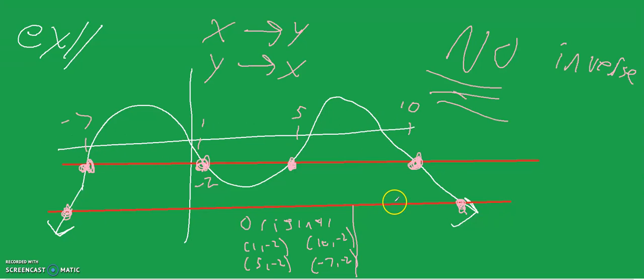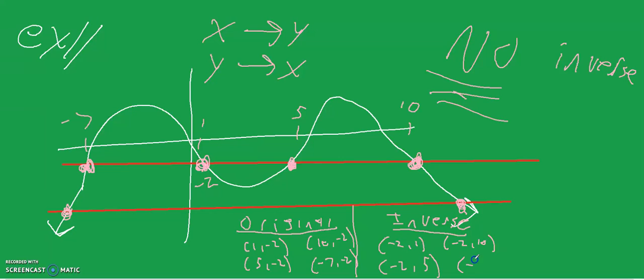But then when I go to the inverse, I swap all my x's and y's, so I'm going to get -2, 1, -2, 5, -2, 10, and -2, -7.